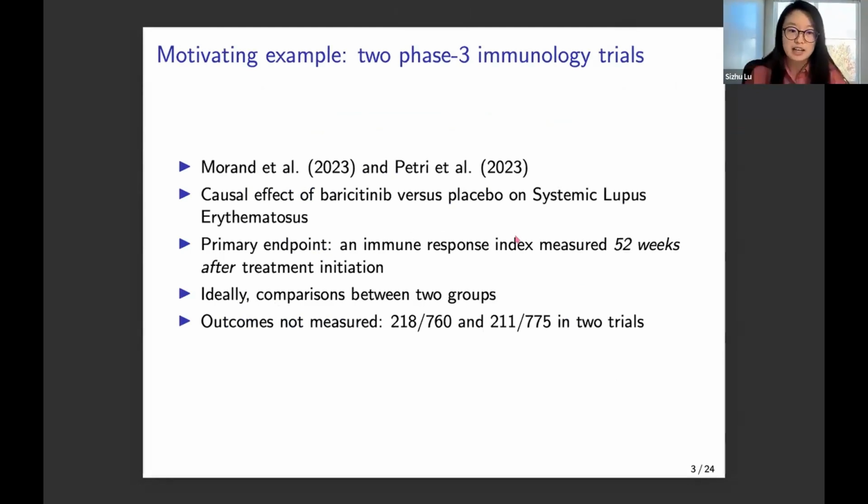And of course, this is an RCT. Ideally, we'll want to compare between the two groups and then attribute whatever the difference in the outcome to the treatment. However, in practice, in the real world data, what we observe is that many of the individuals do not have their outcome measured. So in both trials, a significant proportion of them have missing outcomes.